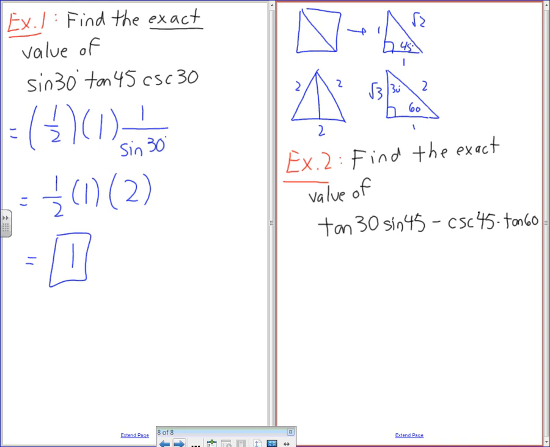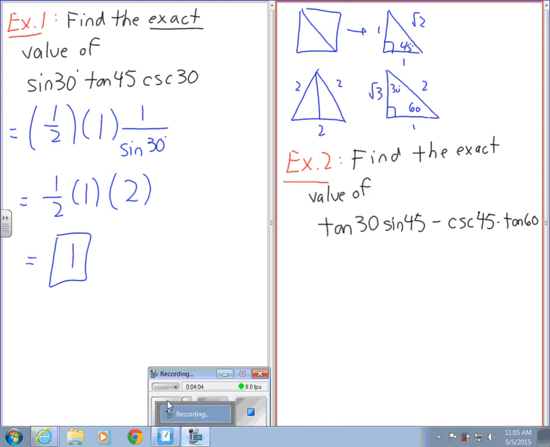Pause the video, and I want you to try this one out, please. Use this as application. When you're doing these questions, try not to just use the table, use the triangles. You're not going to have that table memorized, so use your fingers on the triangle and say opposite, hypotenuse, and all that to get the answer.